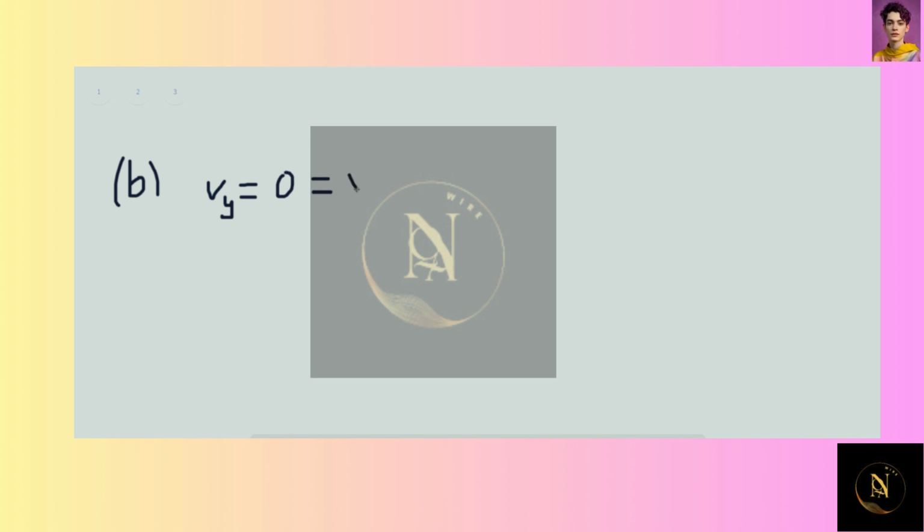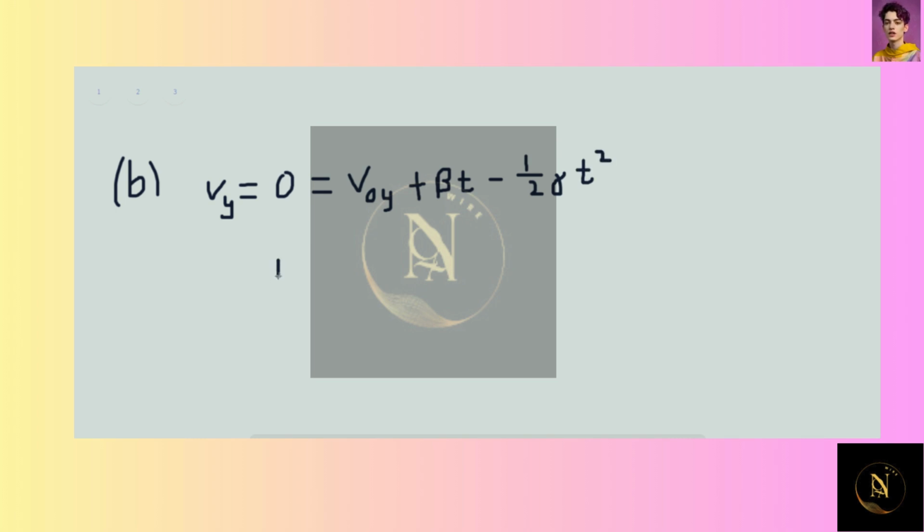This is equal to v naught y plus beta times time minus 1/2 gamma times time squared.